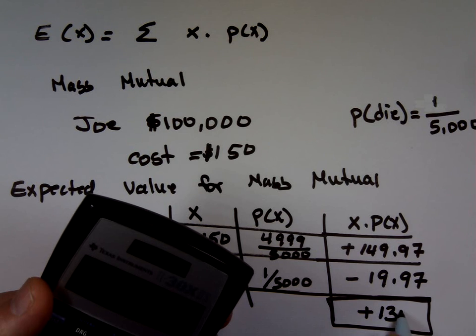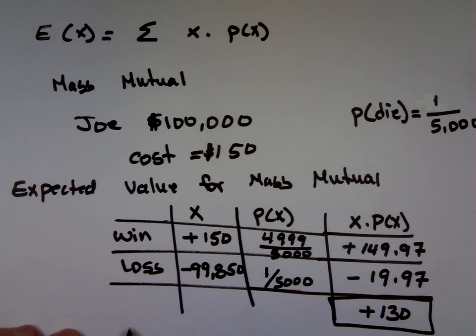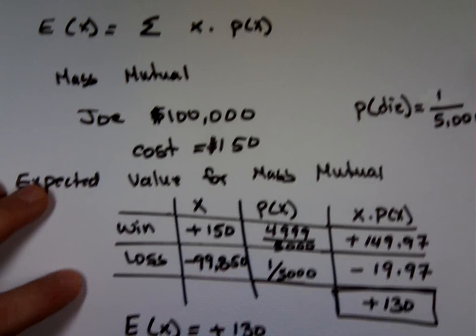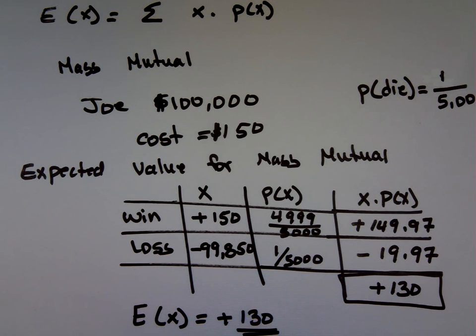So what is the expected value for Mass Mutual? It's positive 130 bucks. What does that mean? Based on these numbers, Mass Mutual will make $130 on every policy they sell to somebody like Joe. That's what they expect to make. 130 bucks.